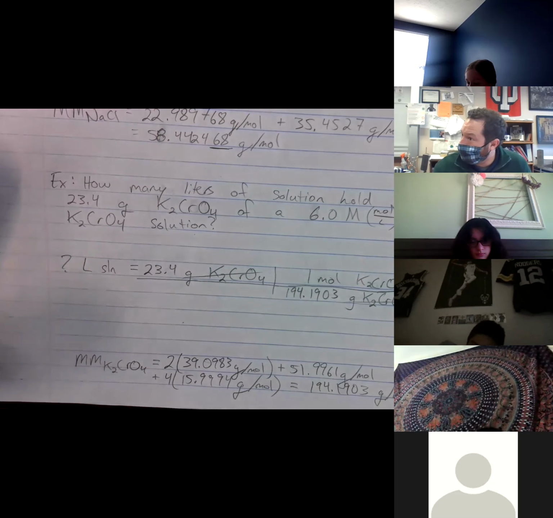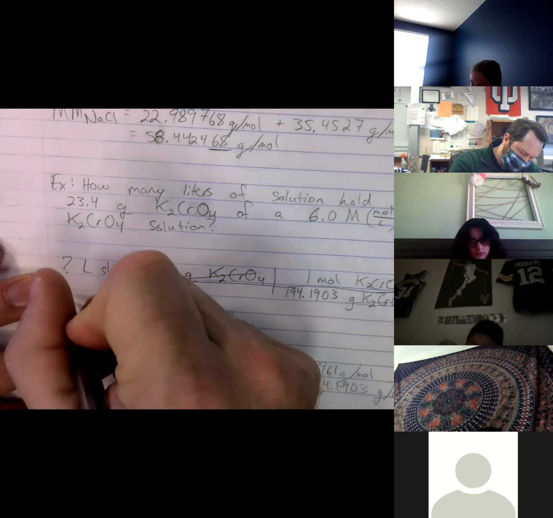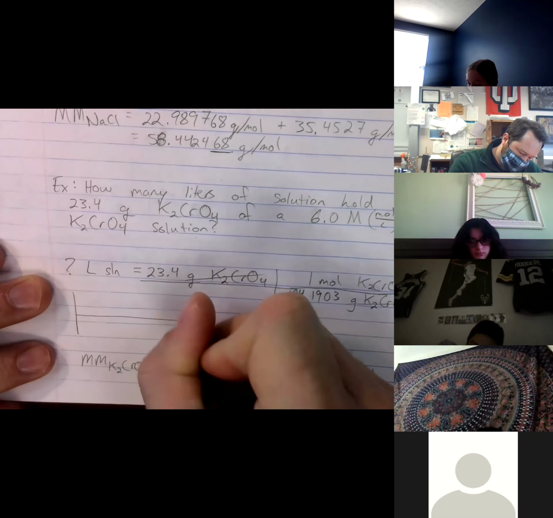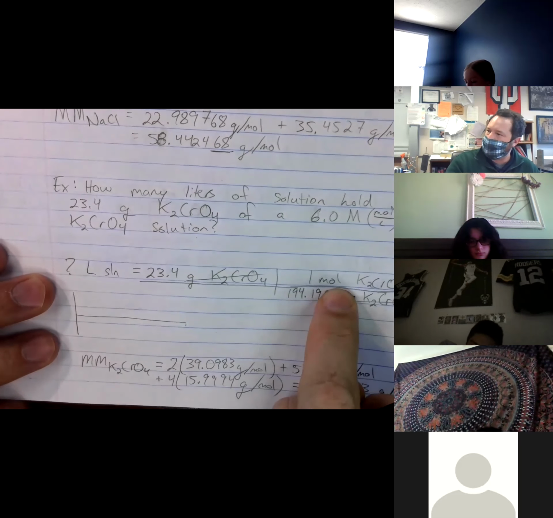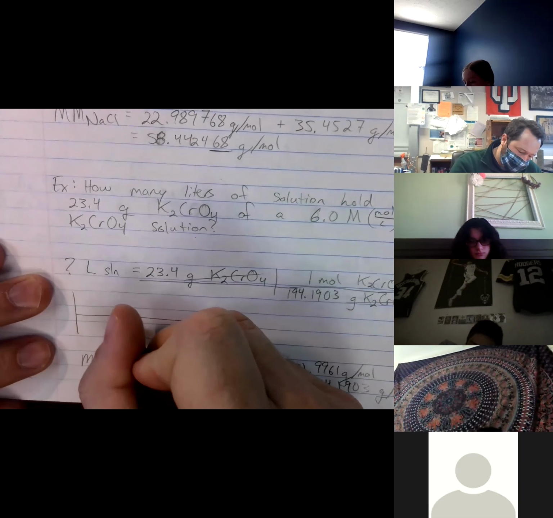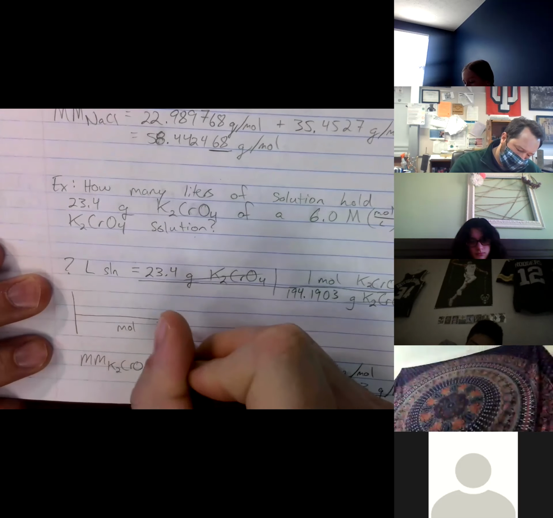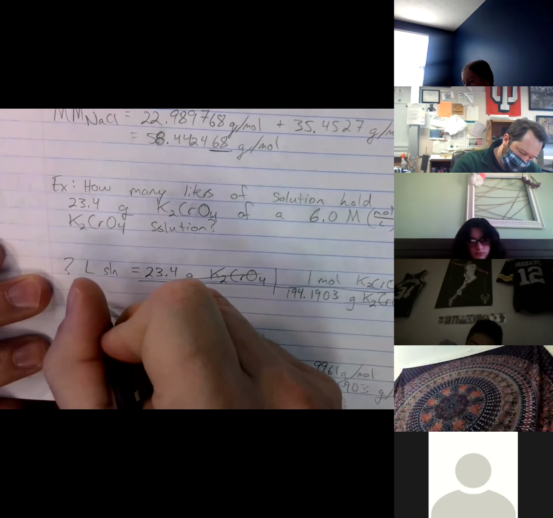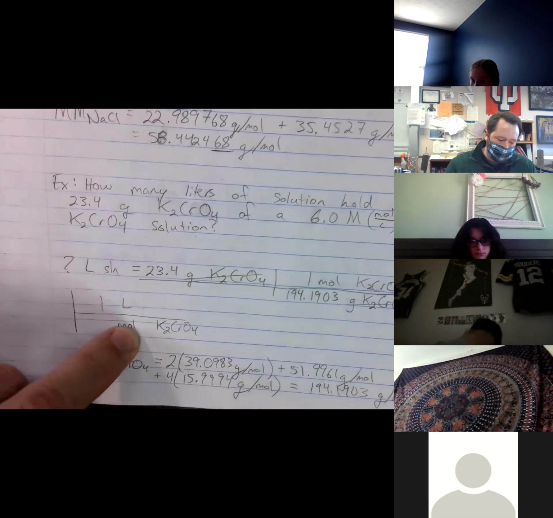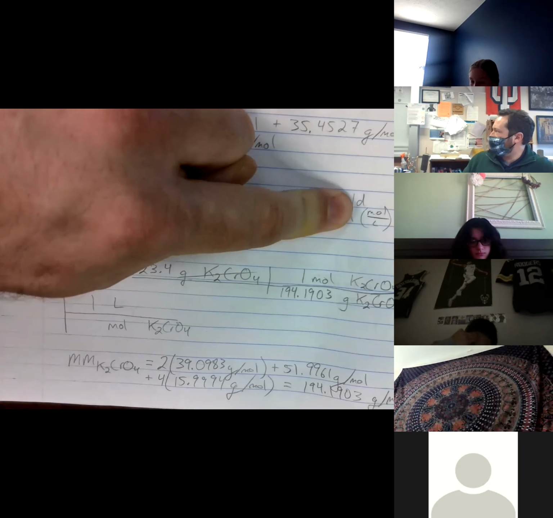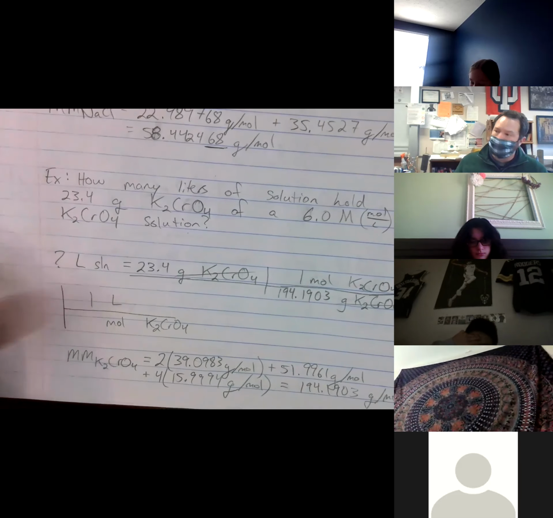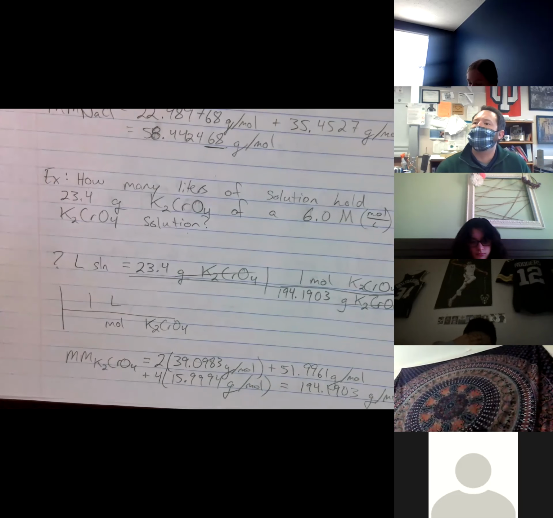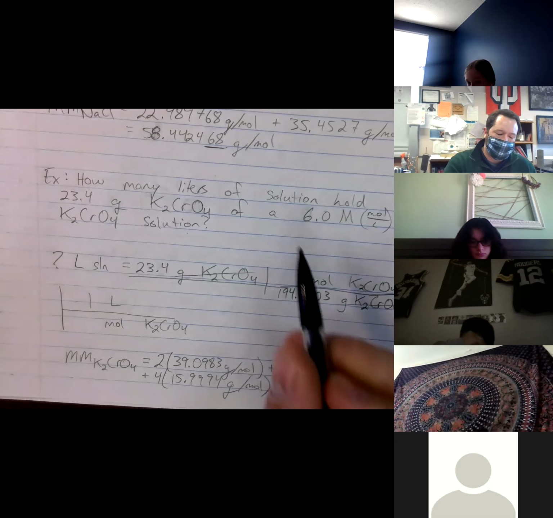We just got to make sure we line it up properly. Moles is on top, which means I want moles on bottom. Moles per liter. It's the same exact thing. Moles per liter. So I just got to make sure I get the right number.